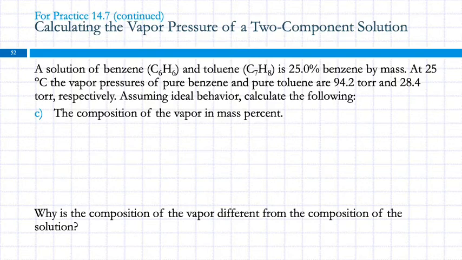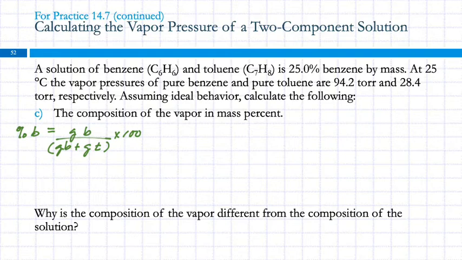So if I'm looking at percent benzene, I'm looking at the grams of benzene divided by the grams of benzene plus the grams of toluene times 100 in the vapor.